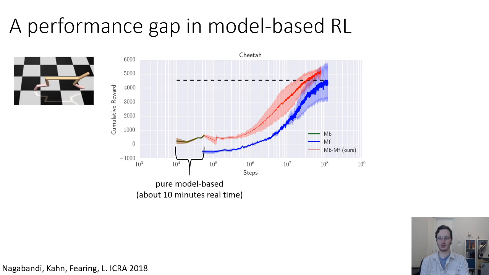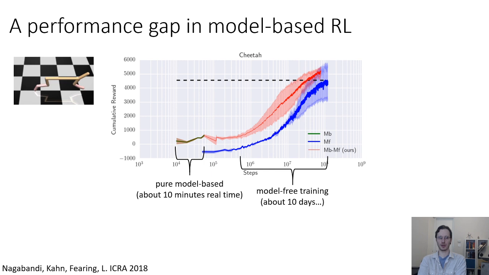What this first little orange part of the curve shows is what we got from running just the basic model-based RL version 1.5 algorithm starting from scratch. This is the algorithm that replans every step and iteratively collects additional data. Then we used that to bootstrap a model-free RL learner and ran it for a lot longer, obviously. And the red part of the curve shows what the model-free learner then did.